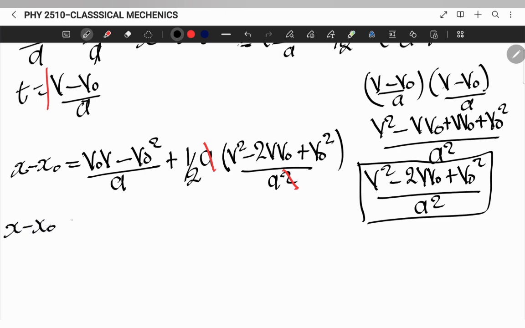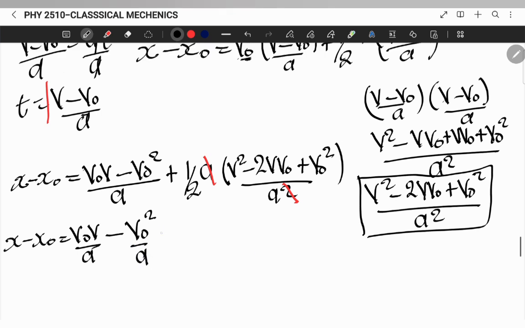Start as usual. Okay, so this is equal to v naught v over a, then minus v naught squared over a. Okay, plus half. So this half is going to be distributed across, so I'll start literally one by one.